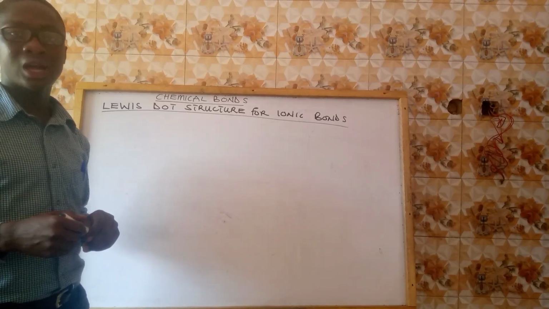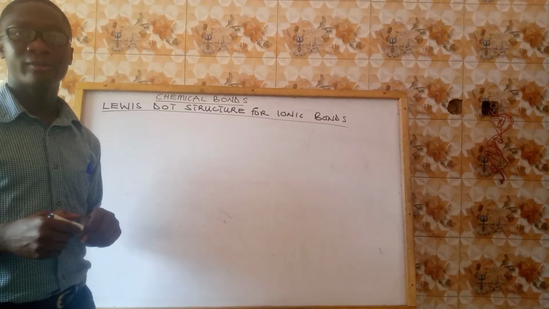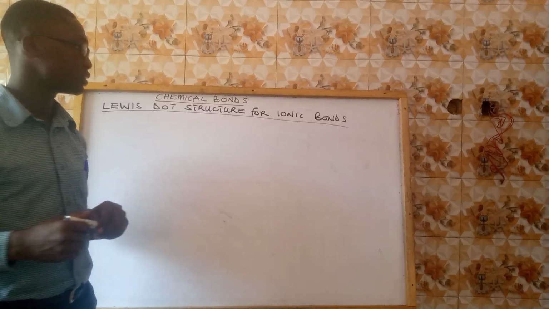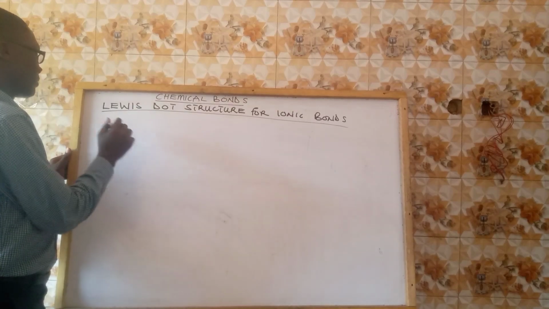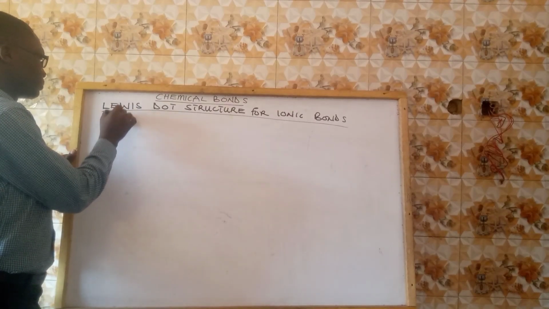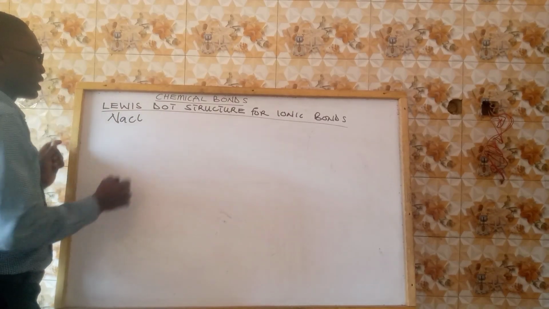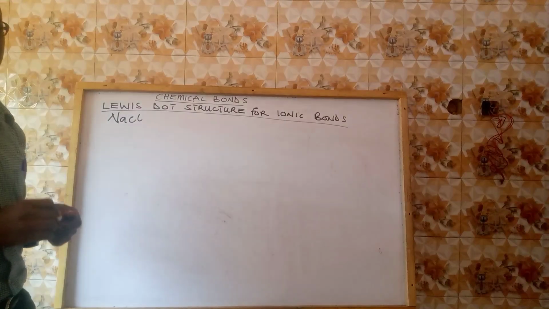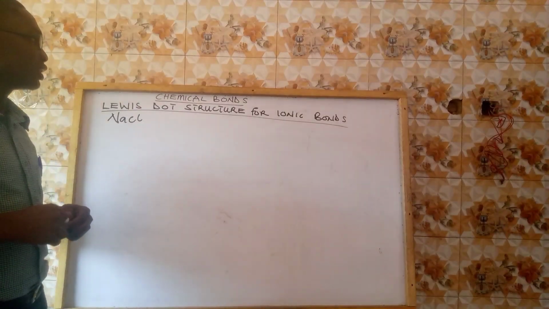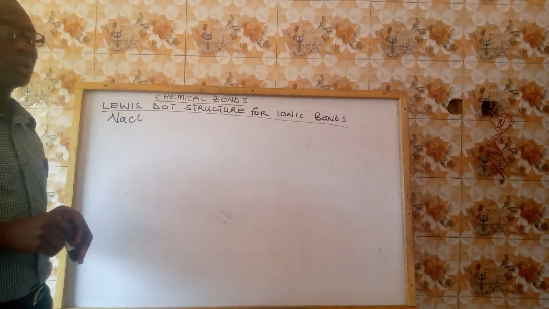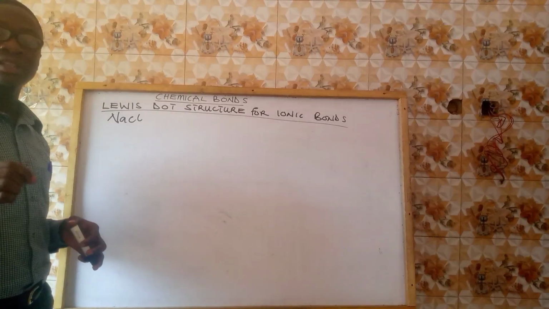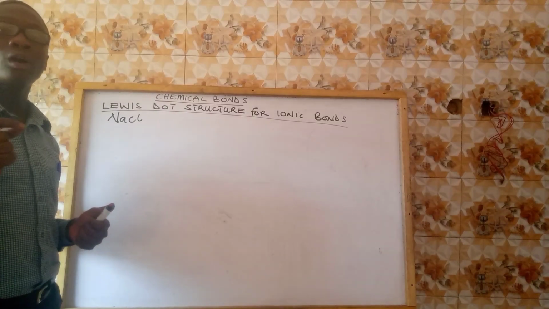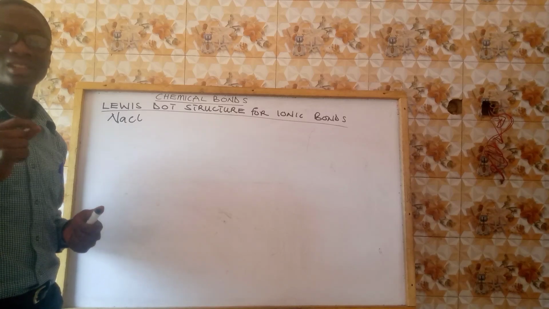Now, let's look at the Lewis dot structure for ionic compounds. Let's check sodium chloride, NaCl. How can we use the dot structure for sodium chloride? The bond is formed only between the last electrons, the valence electrons.